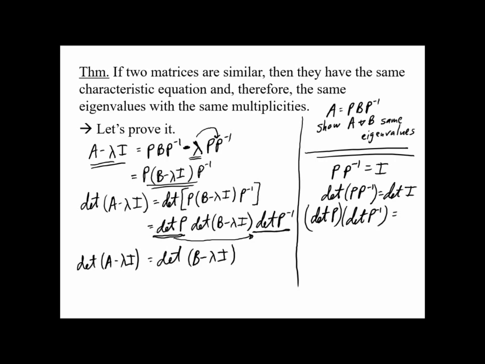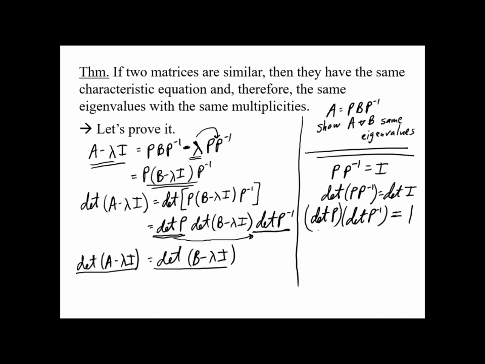And the determinant of the identity matrix is just 1. Remember, the identity matrix has 1s on the diagonal, and the determinant is the product of those 1s, which is just 1. And so we're left with this determinant equals this determinant.